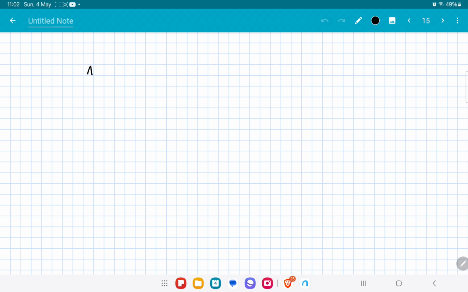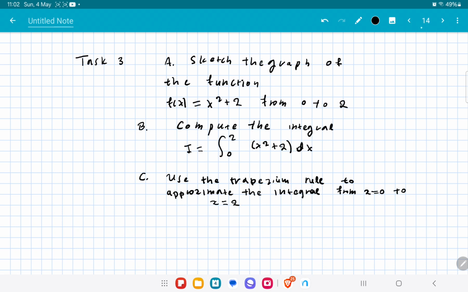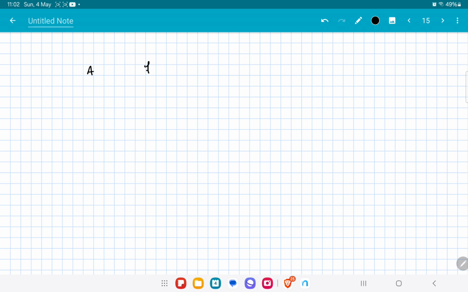Okay, let's do the first one. f of x equals x squared plus 2, and we want the values from 0 to 2. So for x equal to 0, f of 0 is going to be 2.